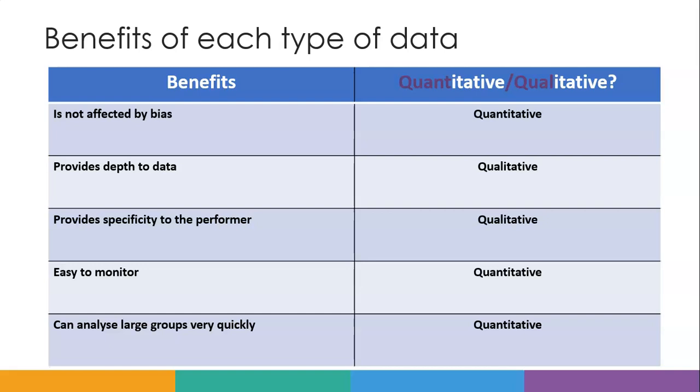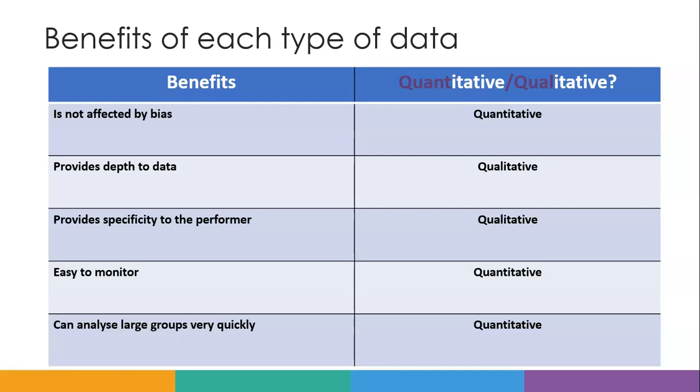Again, it's check and change time. Here's the answers. Check and see if you've got everything right. So it's not affected by bias. That's quantitative information because that's usually factual and isn't based on opinion or subjective thoughts. Providing a depth to the data, that's qualitative data.